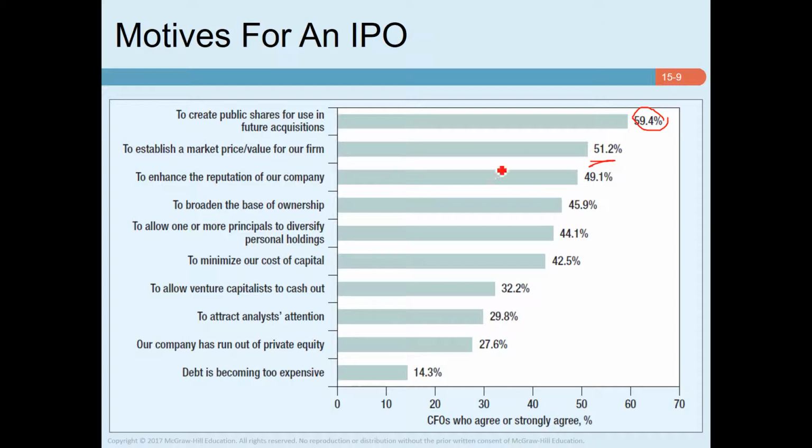About half of the CFOs responded that they engaged in an IPO to establish a market value of the firm. You understand that if a company is privately held by its owners, it does not have an established market price or market value, which can be obtained by engaging in an IPO and selling shares in the market.